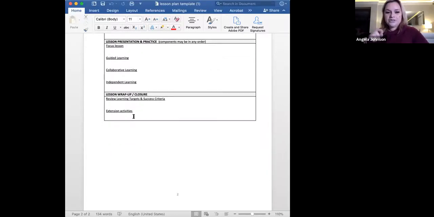But I want you to be thinking about how you're going to integrate a little bit more literature, maybe a book that could be poetry. How can you incorporate poetry? How can you incorporate prose?